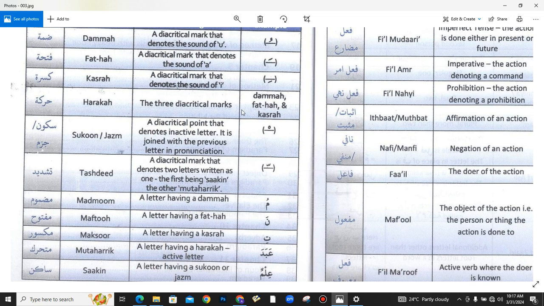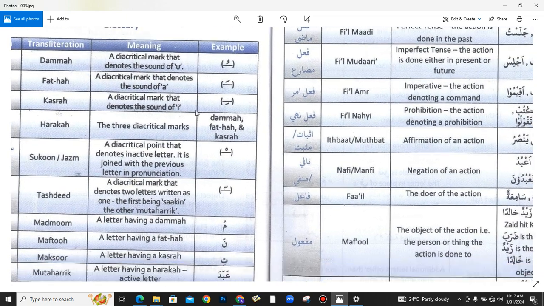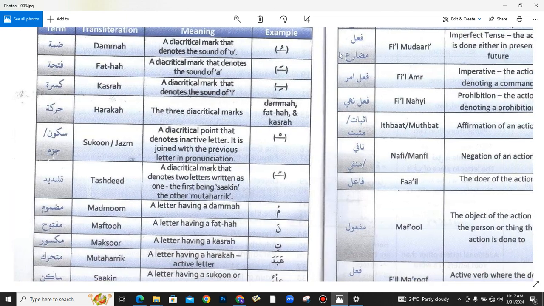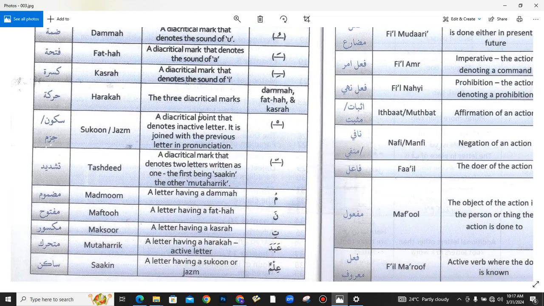I think the basic concept has now been completed by us, and we'll be heading towards the basics of sarf now, because these weren't actually the basics of sarf. These are the basics of reading Arabic words, and they are basically part of tajweed or madani qaida or nurani qaida, and the later stuff would be relatively specifically related to sarf, okay.